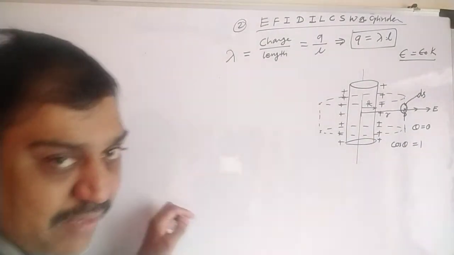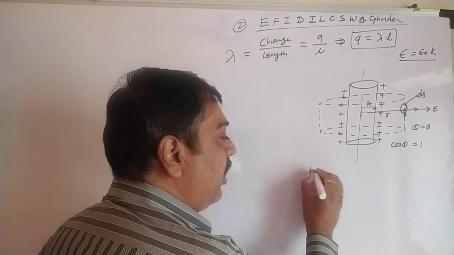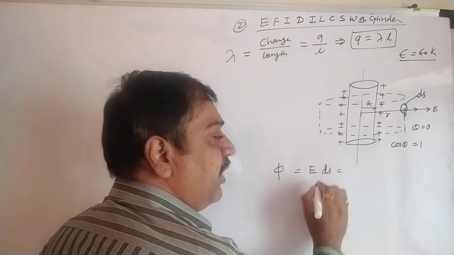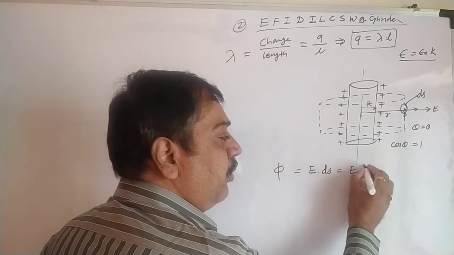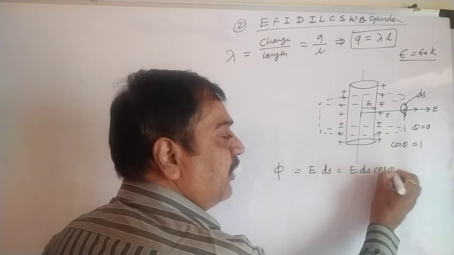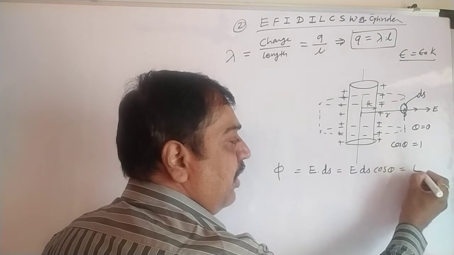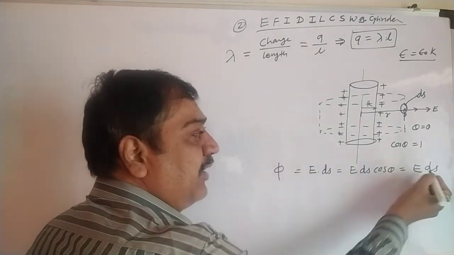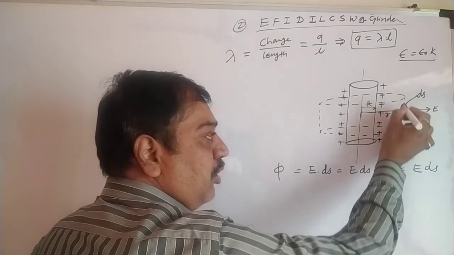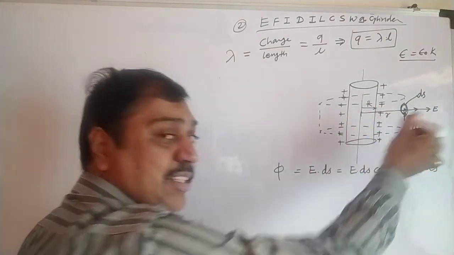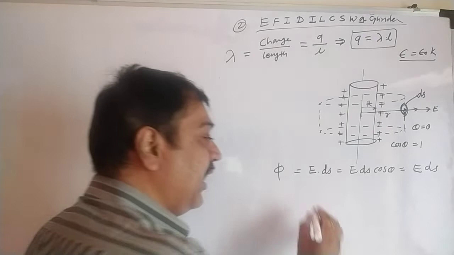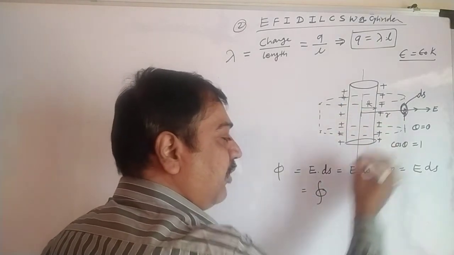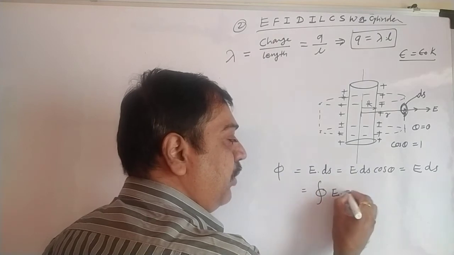Then you can write the same equation, phi equals E dot ds, equals E into ds into cos theta, but cos theta is 1, so it is nothing but E into ds. But this is for only this small portion, and we have to take the whole Gaussian surface, so we should take integration. We can write this as the integration over the closed Gaussian surface of E into ds.